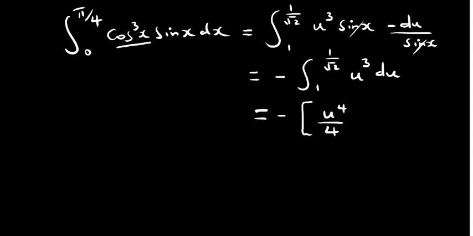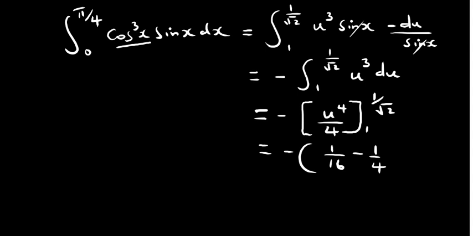What have we done here? We have increased the power by 1 and divided by the new power. From 1 to 1 out of root 2. And because these are limits of u, you substitute directly. So now it means we shall have a negative out, curly bracket, 1 out of 16 minus 1 out of 4.